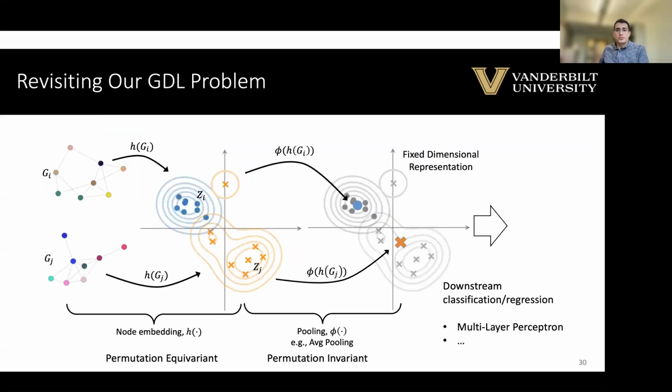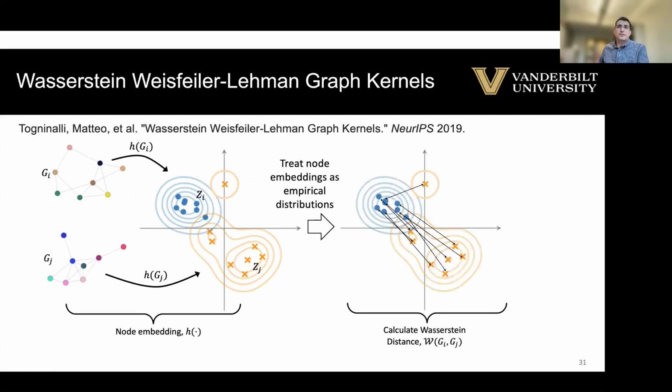So as opposed to just simply comparing the means, now we can calculate the transportation plan between these distributions. And now we can have the Wasserstein distance between the node embeddings of two graphs, GI and GJ. And as we talked about in the past, this is pairwise. This requires two graphs.